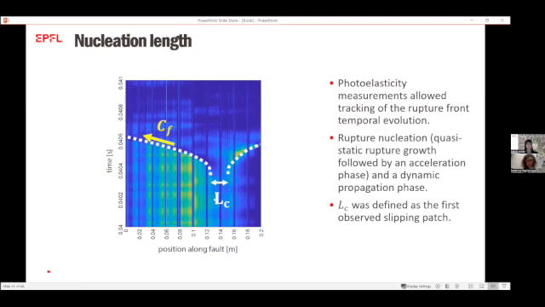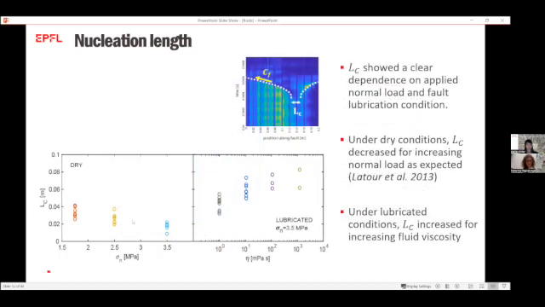So by looking at the nucleation length for all our events, we can build a similar plot to the one that I showed you before. Only in this case, we see the evolution of the nucleation length with normal stress on the left for dry conditions, and on the right under lubricated conditions for increasing viscosity value.